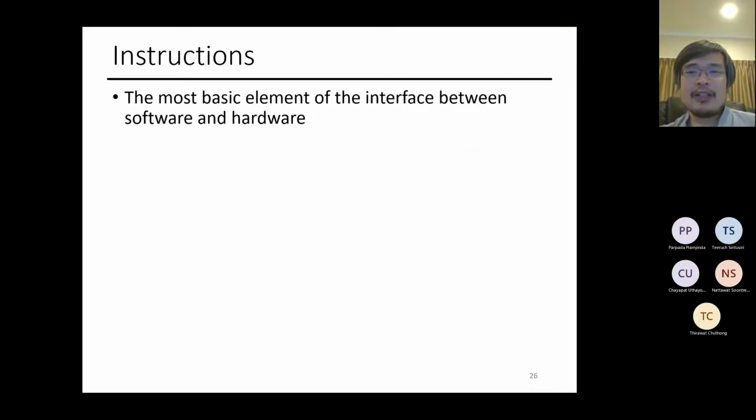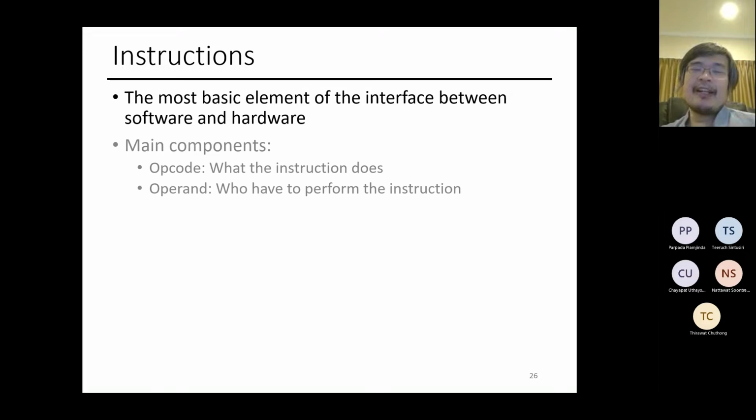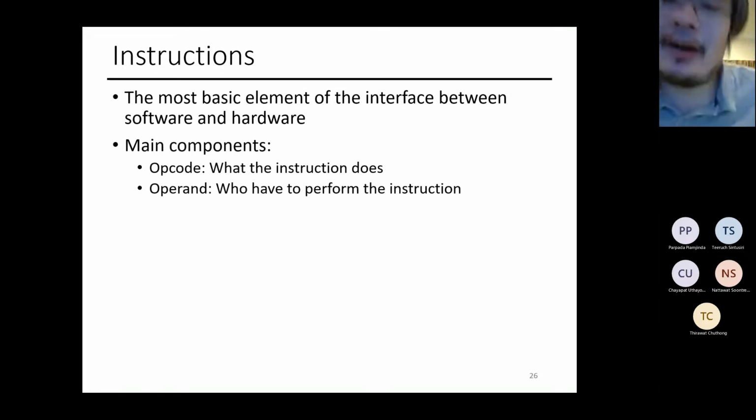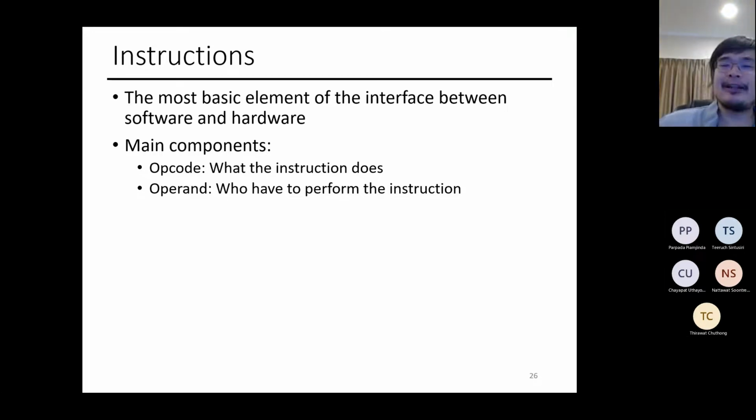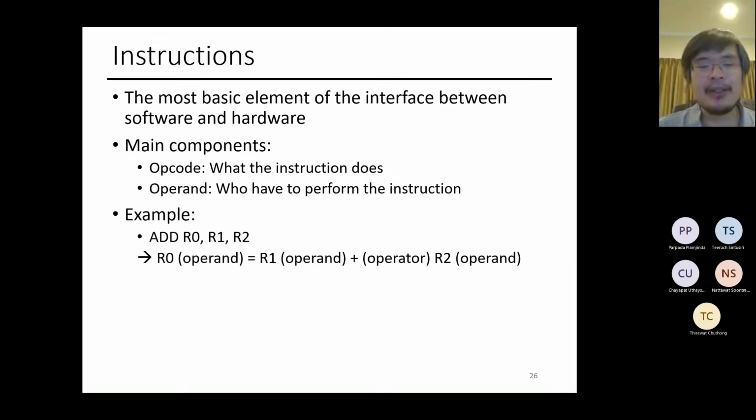And in terms of instruction, these are the most basic elements of the interface between the software and the hardware, right? So the main component is the opcode. It tells what the instruction does. It has the operands. Who do you have to perform the instruction on? For example, I can issue something like add R0, R1, R2.